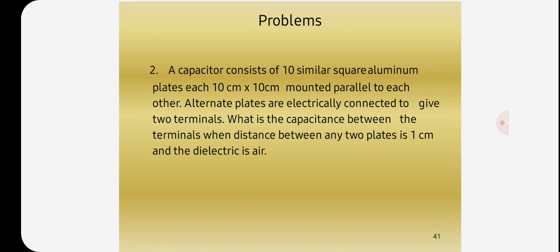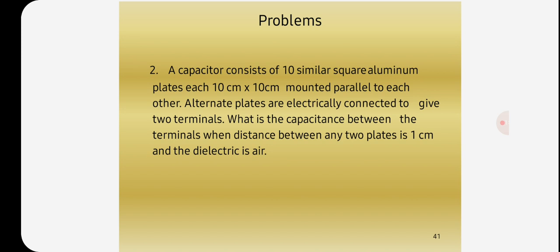A capacitor consists of 10 similar square aluminum plates, each 10 centimeter by 10 centimeter, mounted parallel to each other.